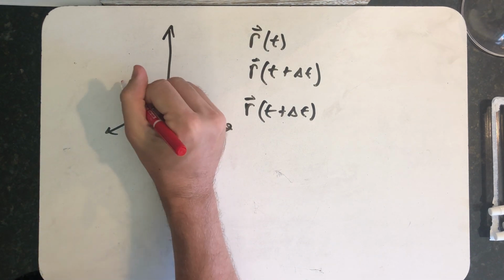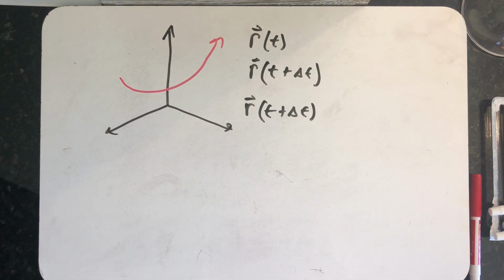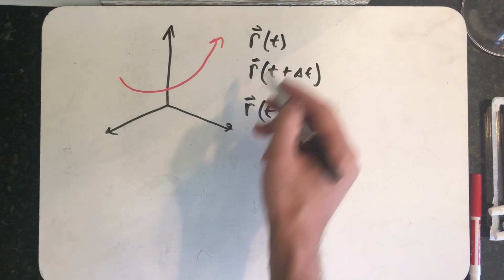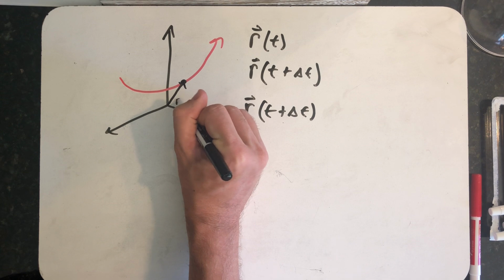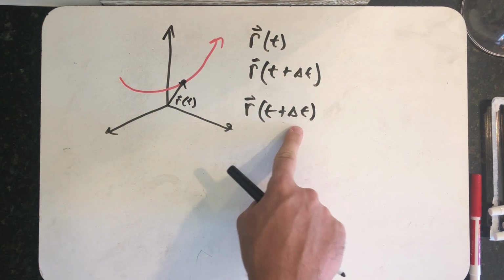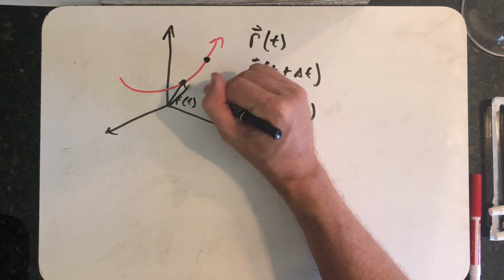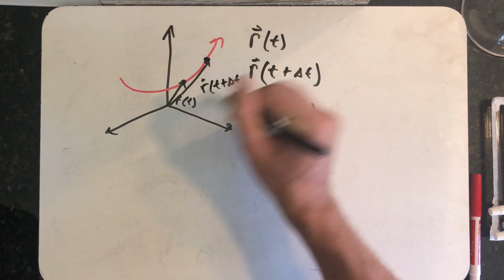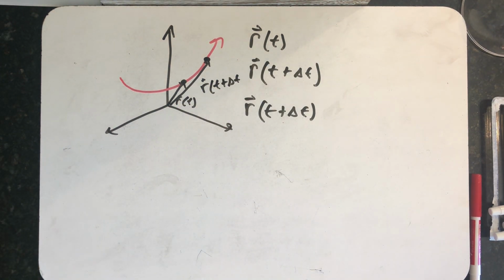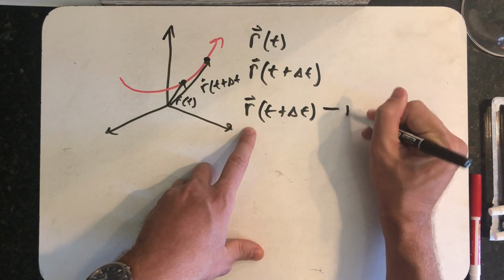It doesn't need to be the helix that I'm using as an example on the other board. r of t, for every value of t, points to a point on that curve from the origin. r of t plus delta t should just point at a different point. And so I have two vectors, both with initial point at the origin, both pointing to some point on that curve.